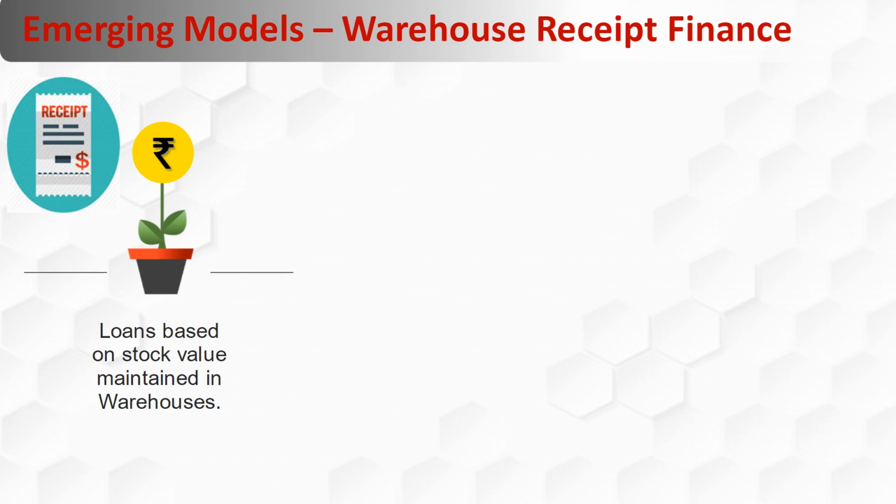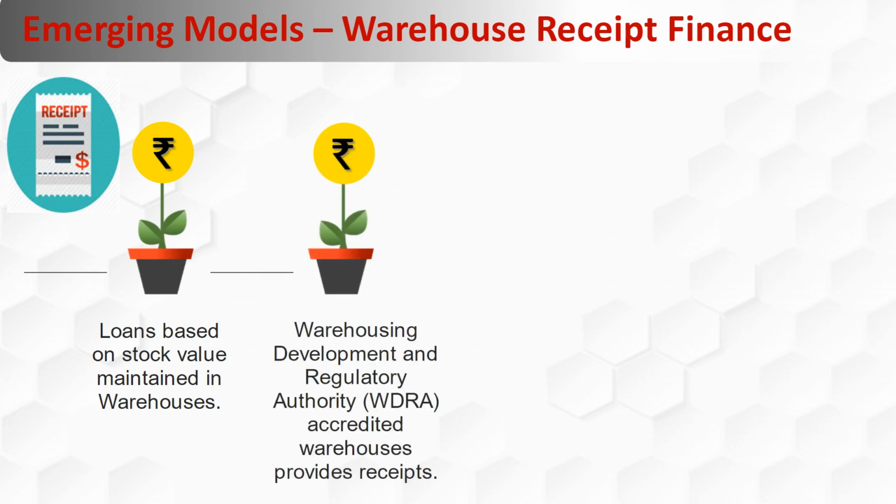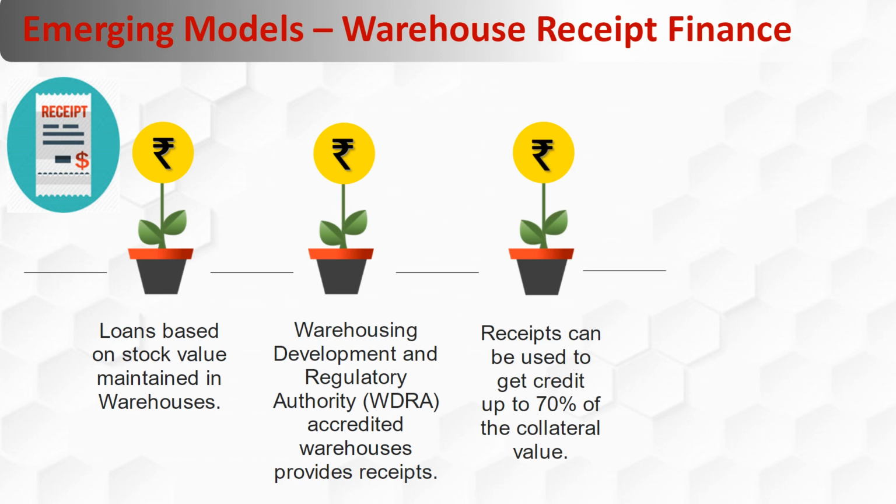A FPO in need of loan from bank can take warehouse receipts from Warehousing Development and Regulatory Authority, WDRA, accredited warehouses against the stocks placed in warehouses. This warehouse receipt can be used to get credit from banks up to 70% of the collateral value.